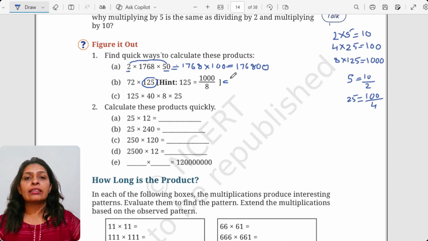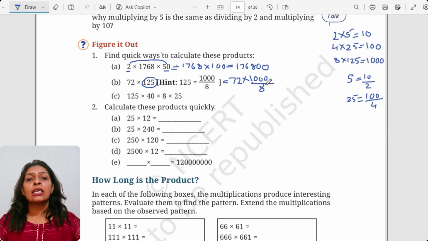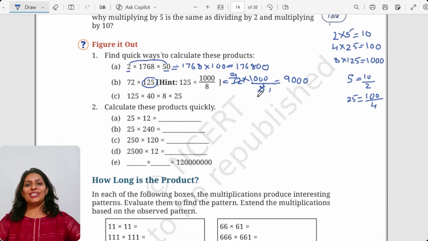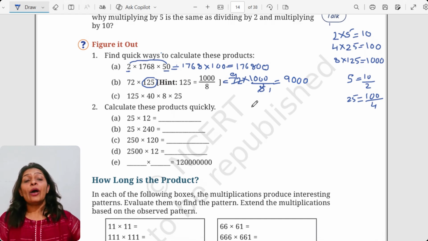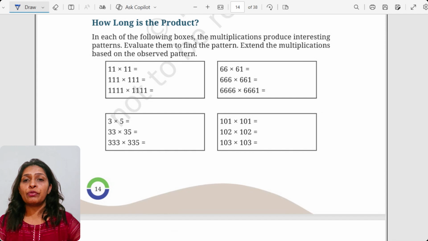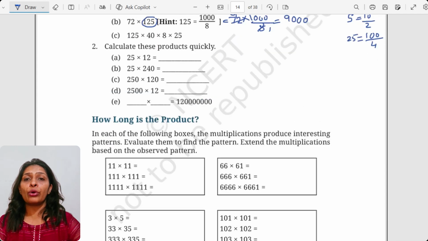So rather than multiplying, we write 72 multiplied by 1000 over 8. And when I'm writing 1000 over 8, I can simply do the cutting here. 8 ones are 8 and 8 nines are 72. So the final answer to this question is 9000. So easy, right?